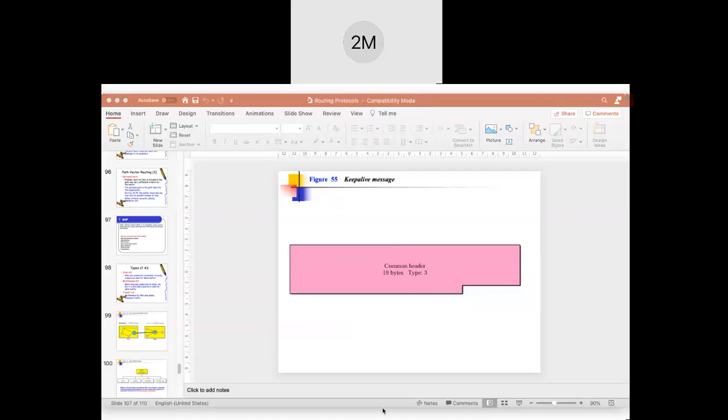Okay, no problem. Tomorrow we'll discuss the remaining part regarding routing. Our idea is first I'll finish ICMP and then we'll come back to routing. That is the better approach, so you can understand these things in depth.